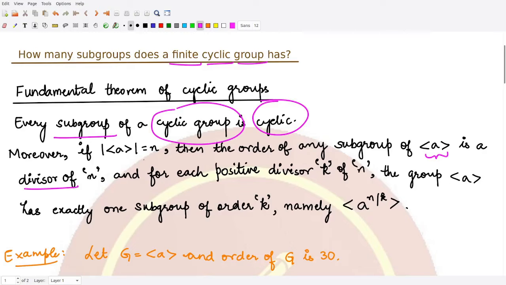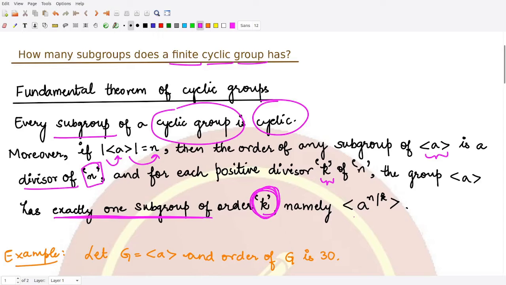So that means if the group which is generated by A has the order n, then any subgroup of this group would have an order which is a divisor of the order of this group, right? And for each positive divisor, suppose K is that positive divisor, this group would have exactly one subgroup of this particular order, and that subgroup is denoted by this thing.